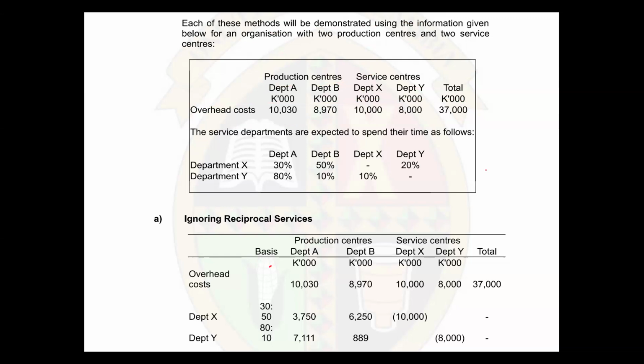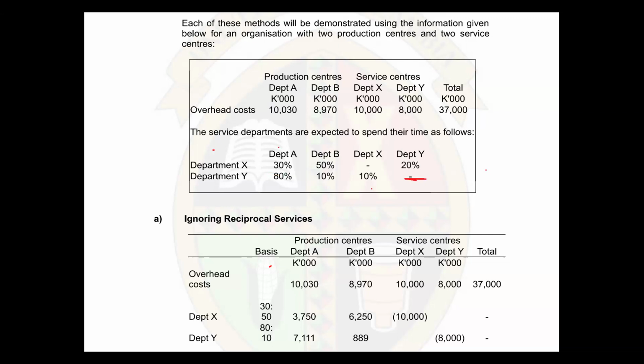The question goes further and says the service departments are expected to spend their time as follows. This is the breakdown: for department X, 30% goes to A, 50% to B, and 20% to Y. For department Y, they share 10% to X, 10% to B and 80% to A.